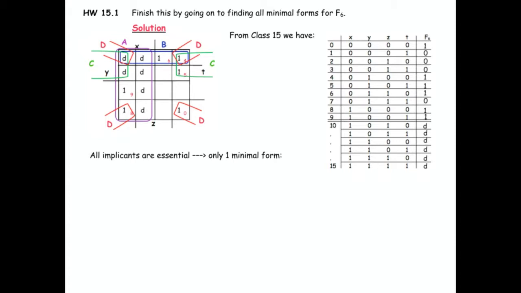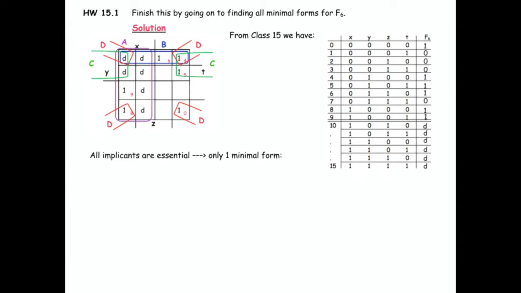You can think about it as a rule of thumb: if all prime implicants are essential, then there is no options. There is only one minimal form. However, if some prime implicants are not essential, that means that there is going to be variation. There are going to be different options to cover everything, and that situation will cause multiple minimal forms.